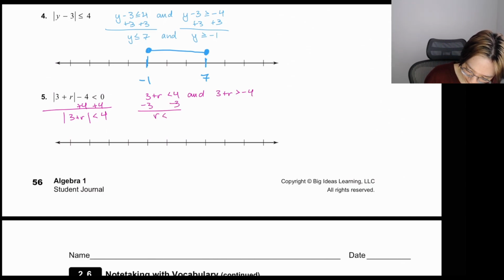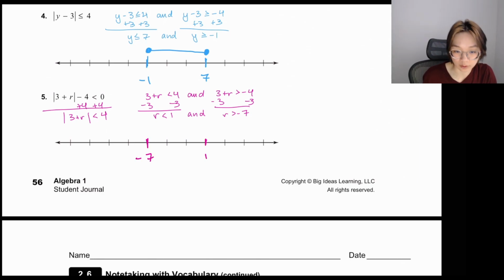Quickly solve these. R is less than 1 and r is greater than -7. Graph this, -7 over here, 1 over here, double check they overlap. At -7 it's greater than, so it's this way. At 1 it's less than, so it goes this way. They do overlap each other, right in between.